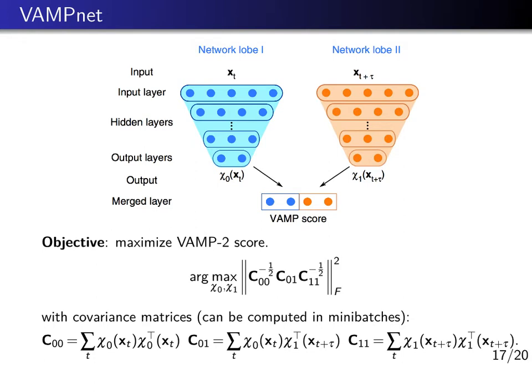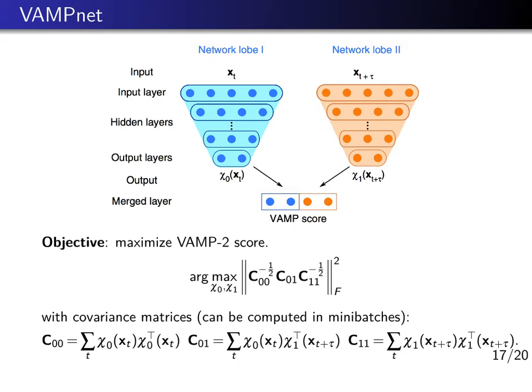This would not work with the time reconstruction error. It's important to understand the time reconstruction error makes sense on the input space, on xt and xt plus tau. I can encode xt to a latent space vector, decode it to xt plus tau, and ask how well did I do in reconstructing xt plus tau.